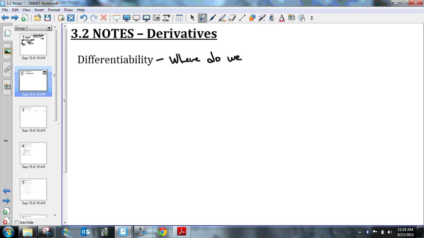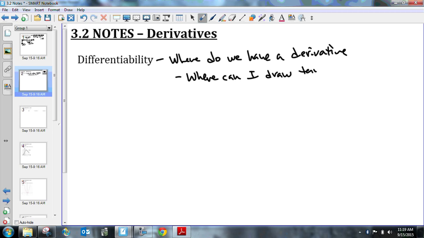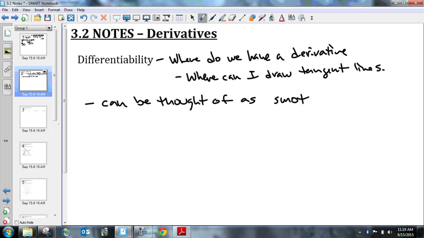Another way of saying that is, where can I draw tangent lines? Okay. So what I also want to write is that differentiability can be thought of as smoothness.